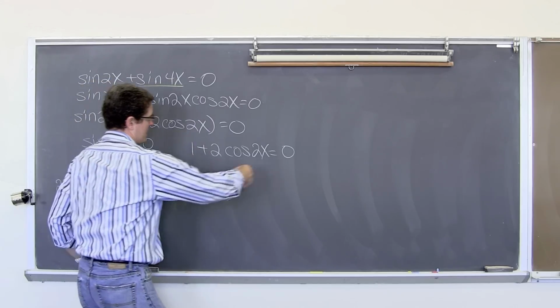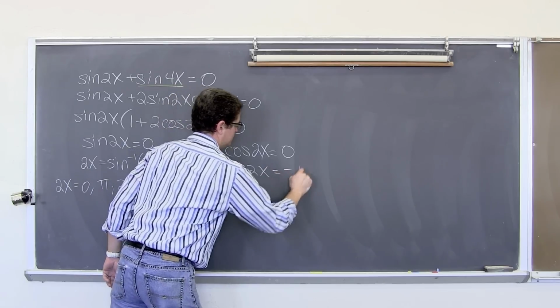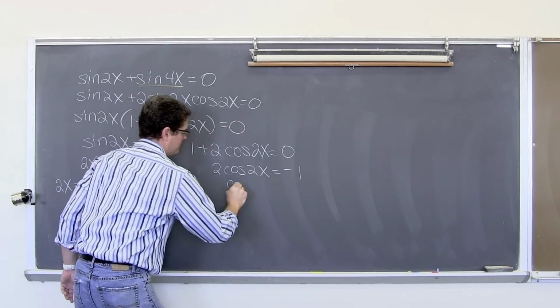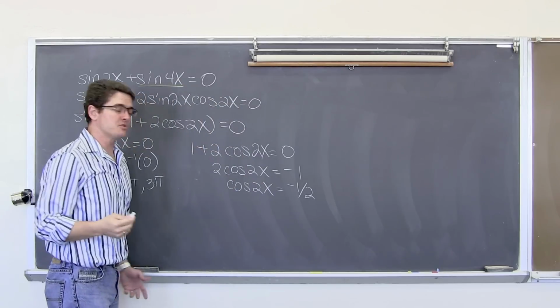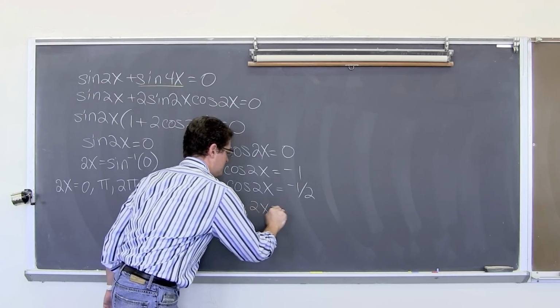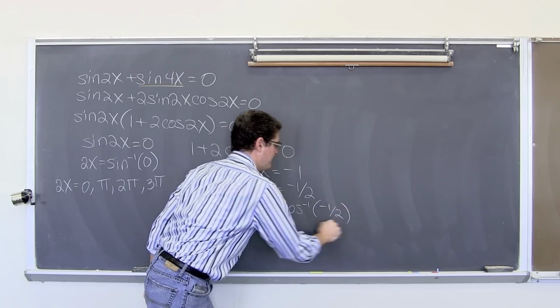So we're going to subtract both sides by 1. Divide everything by 2. Again, inverse trig function, so 2x is equal to the inverse cosine of negative 1/2.